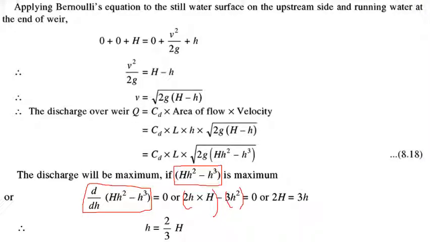Then 2H is equal to 3h. That is small h is equal to 2 by 3 into capital H. This is the condition for maximum discharge, maximum Q for a broad crested weir.